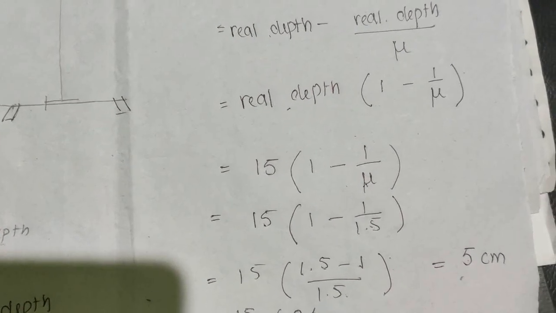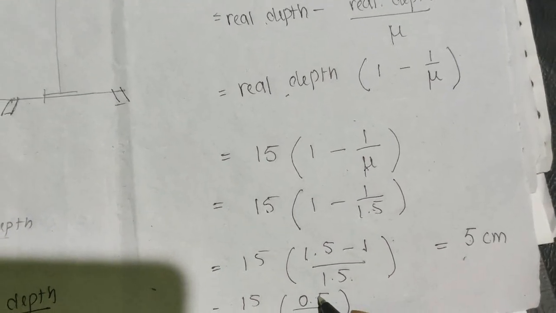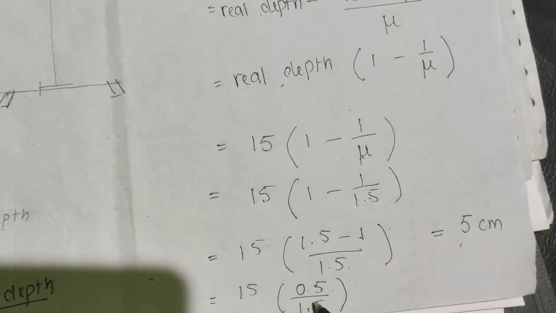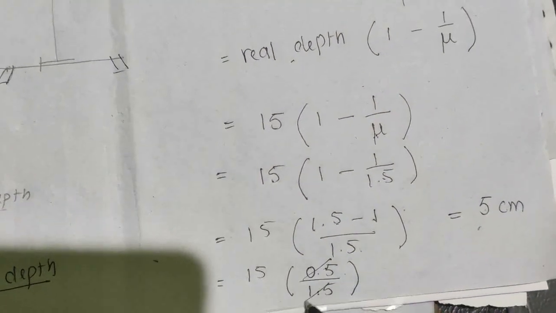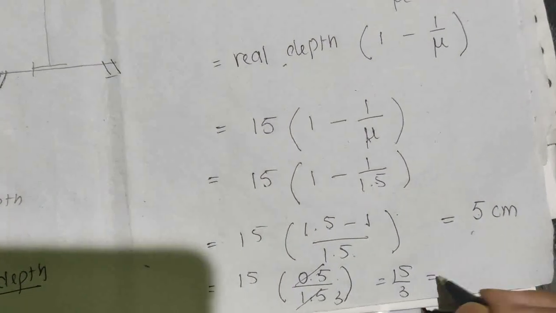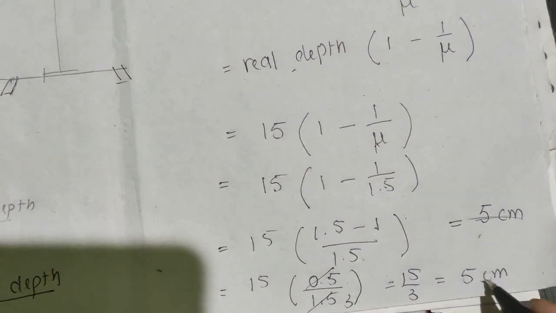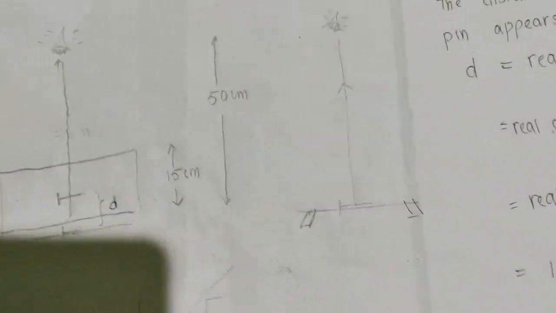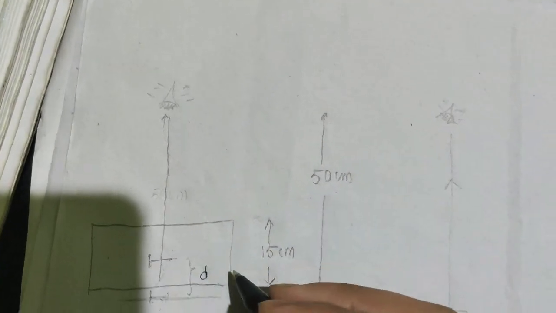So 15 into 0.5 divided by 1.5. Now 0.5 divided by 1.5 will give me 1 by 3. So 15 divided by 3 is how much? 5 centimeter. So what does this 5 centimeter mean? This 5 centimeter means the distance by which the pin appears to be raised.